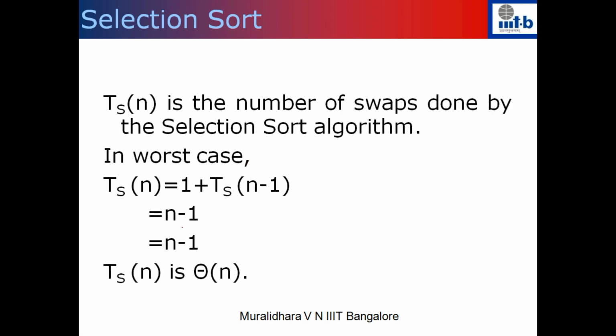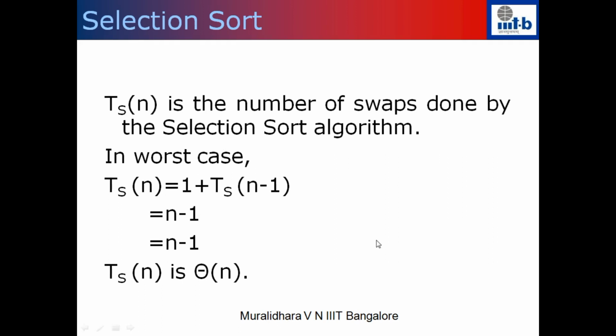But you will see a large improvement in the number of swaps done by the algorithm. In the best case, when the sequence is already sorted, the largest number in the first iteration is already at the end, so you need not do any swaps. So the total number of swaps done by the algorithm, if the sequence is already sorted in increasing order, is 0.